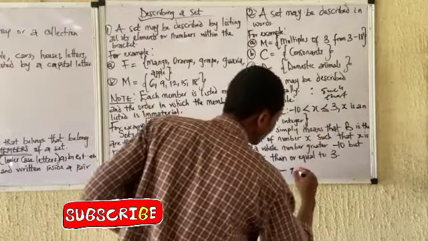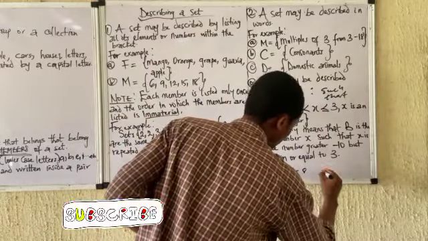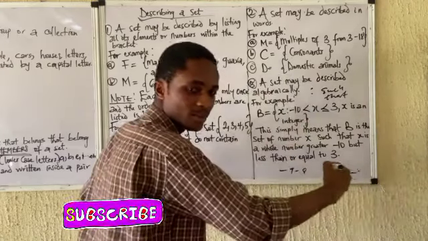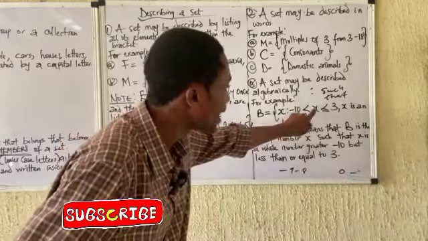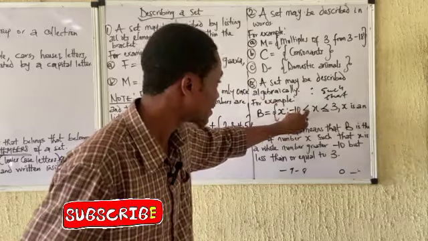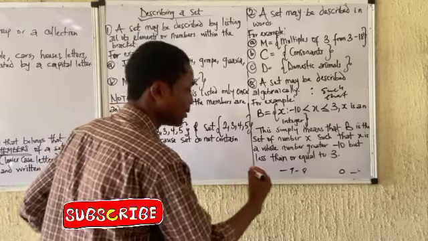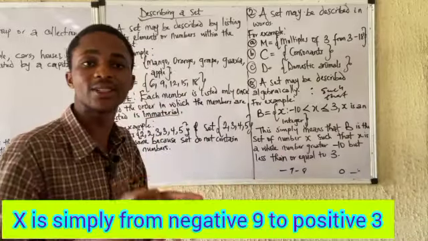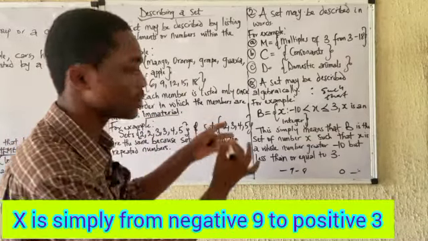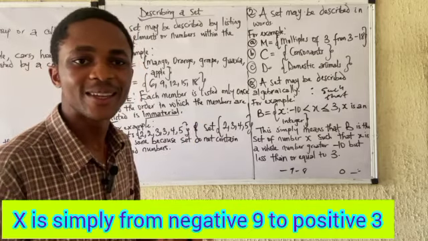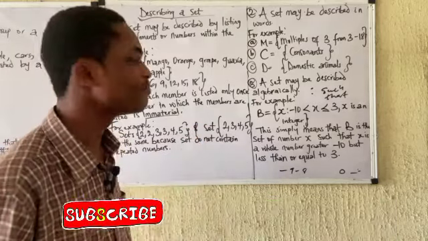So it will be negative 9, negative 8, to 0, then positive 1, positive 2, positive 3. You understand? If it is greater than negative 10, we should start our counting from negative 9, because negative 9 is greater than negative 10 according to the question given to us. And I told you that x is an integer, either a positive or negative whole number.